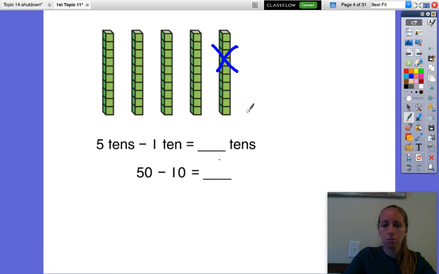How many tens am I left with? 1, 2, 3, 4. I'm left with 4 tens. So 5 tens, 50 minus 10, we have 10, 20, 30, 40, 50. We take 10 away, and what are we left with? 10, 20, 30, 40. 4 tens, or 40.